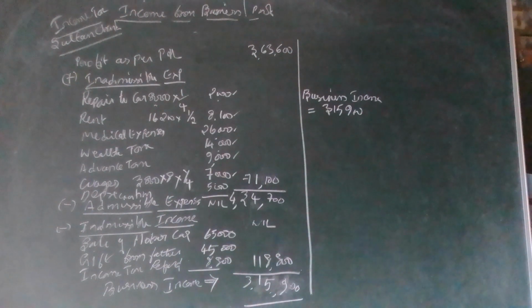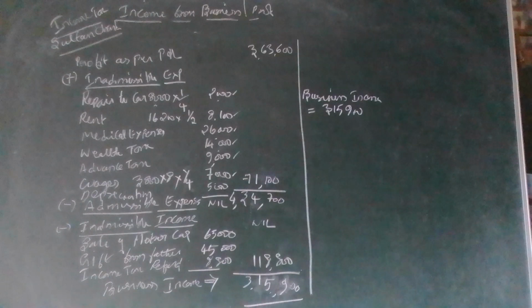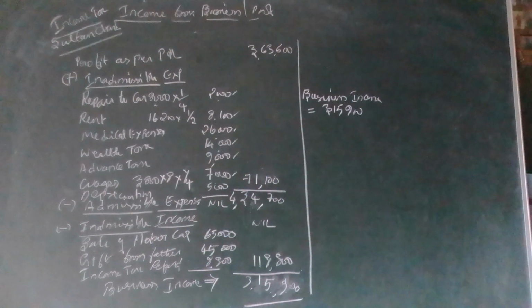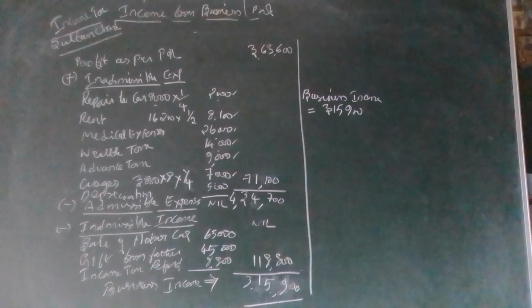Half of the premises is used for his residence, half for his business. So for all the things related to the house, half of the amount is inadmissible: repair charges and the rent for the house.